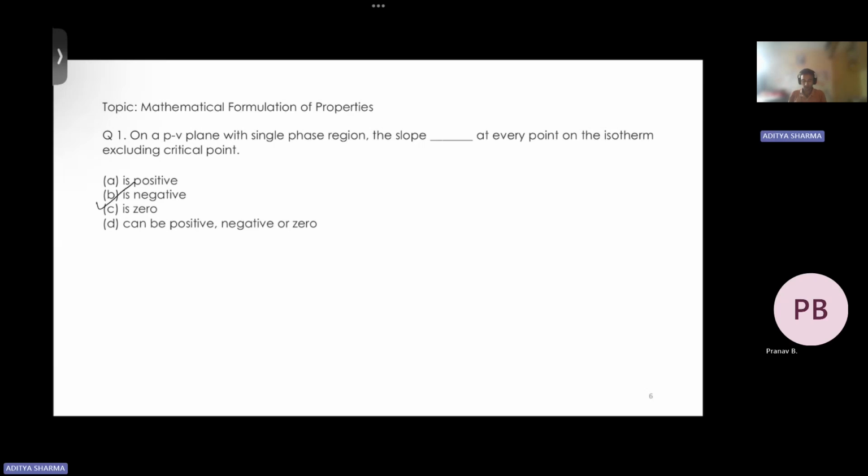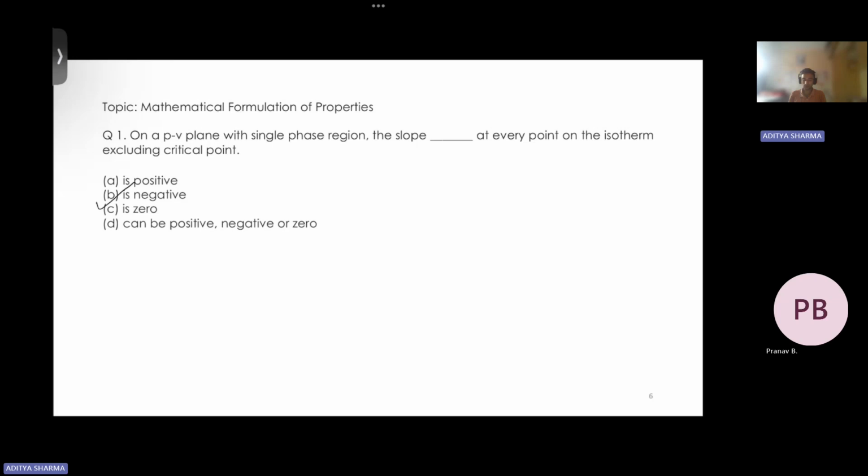So this is question number 1, and it says that on a PV plane with single phase region, the slope at every point on the isotherm, excluding critical point. Four options have been given.